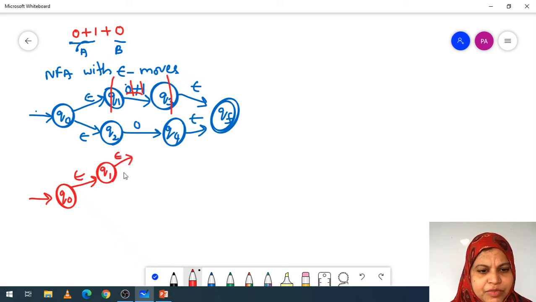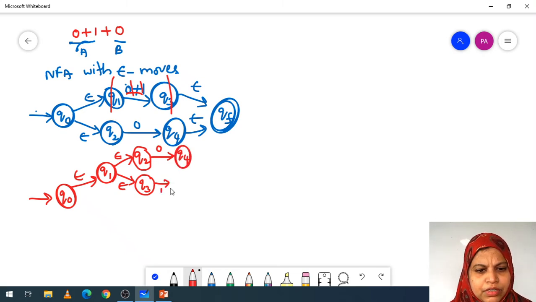So, in Q1, 0 plus 1, epsilon. Here you can change the state names: Q2, Q3, 0, 1, Q4, Q5, then epsilon, Q6, right?